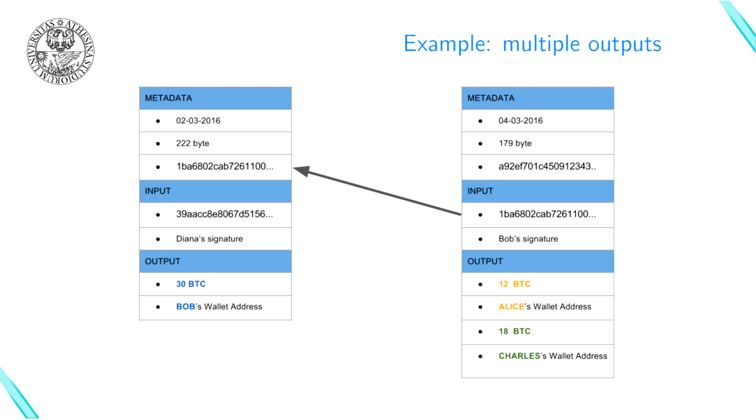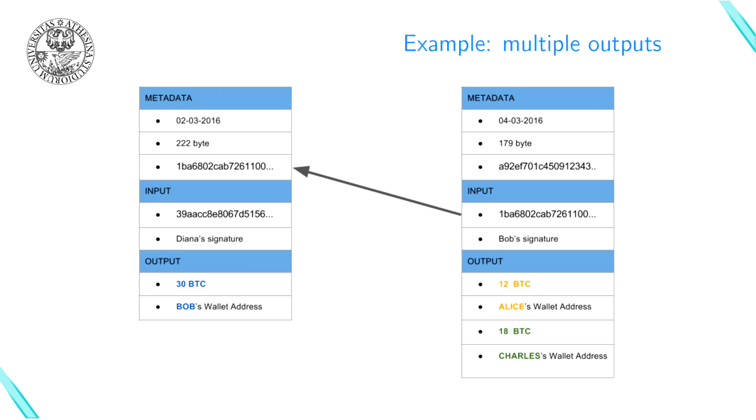And we can see that 12 bitcoins are going to Alice, and 18 bitcoins are going to Charles. But in input, there is only one transaction on the left, when Bob received 30 bitcoins from Diana. Note that the sum of bitcoins in output is the same as those indicated in input.